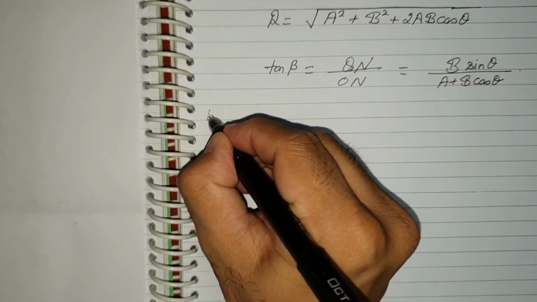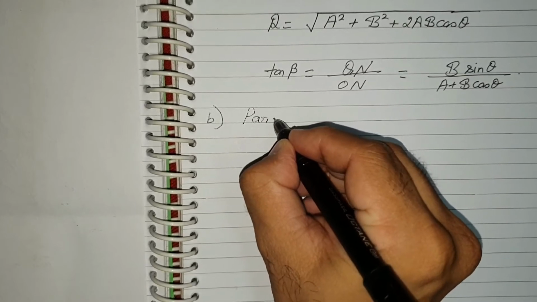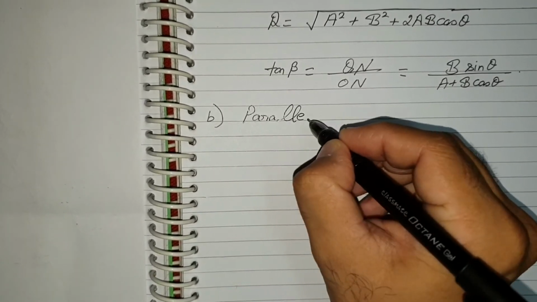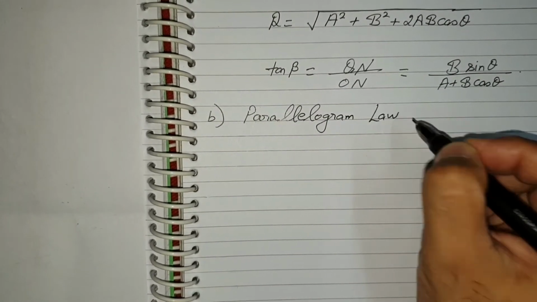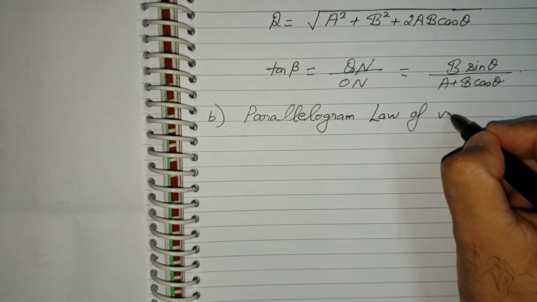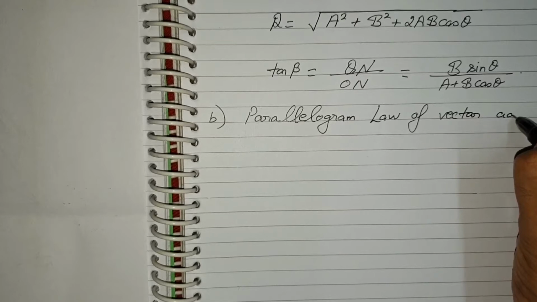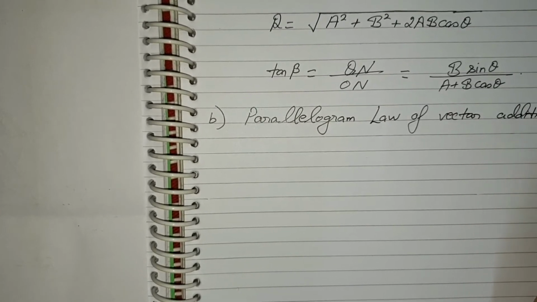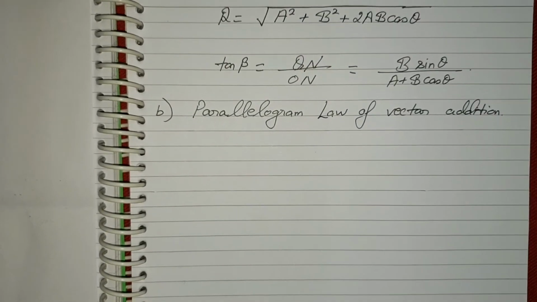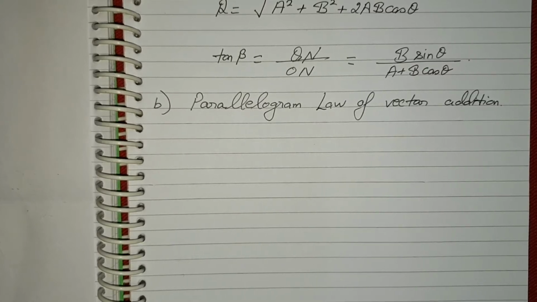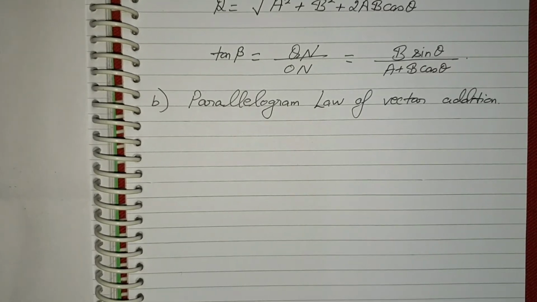Parallelogram law of vector addition states that if two vectors acting on a particle at the same time can be represented in magnitude and direction by the two adjacent sides of a parallelogram drawn from a point, then the resultant vector is represented in magnitude and direction by the diagonal of the parallelogram drawn from the same point.